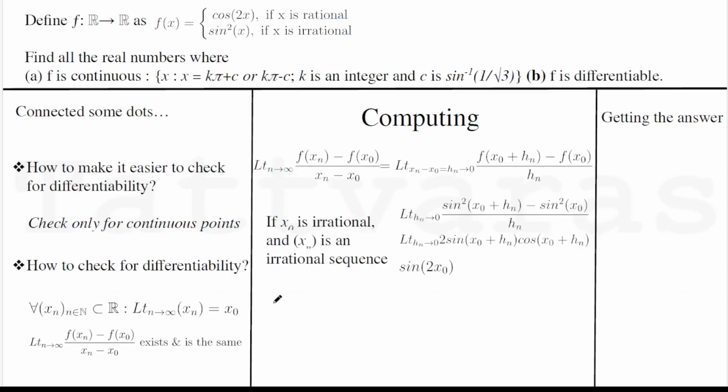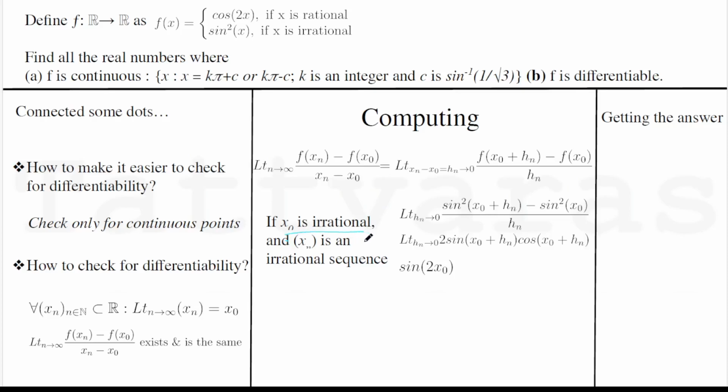Now, suppose x0 is irrational, and once again, it's one of the two things that you can consider. The point x0, whether it's rational or irrational, doesn't exactly matter, but the math would be similar. But just to have a concrete structure, you would have to start with some supposition.